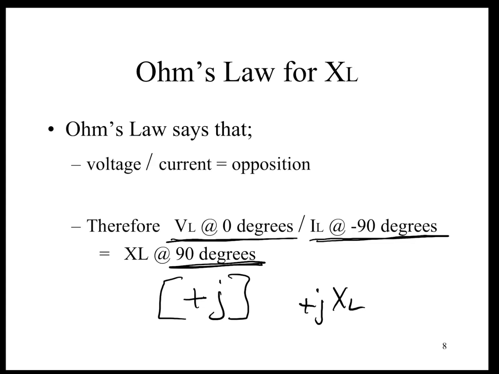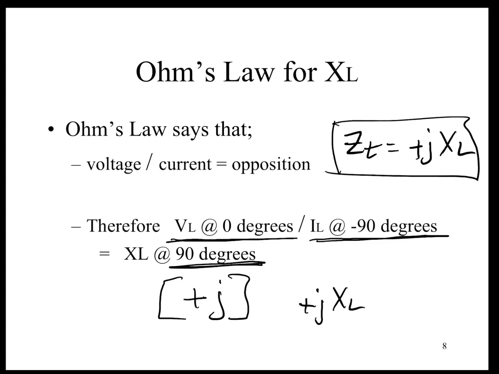If we were to look at the value of impedance, which we said in an AC circuit can be all resistance, all reactance, or in most cases a combination of resistance and reactance, then for the ideal inductor we saw previously, its Z total value would simply be plus jXL, no presence of resistance, and all reactance.